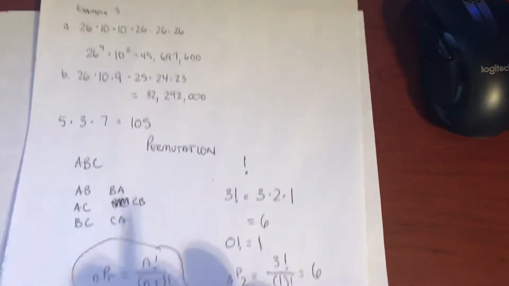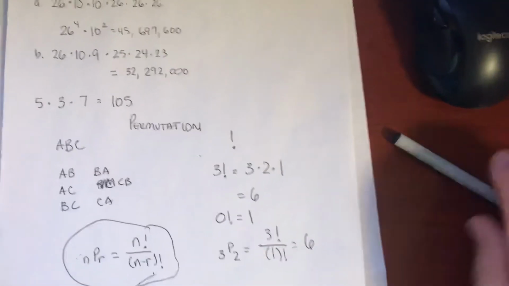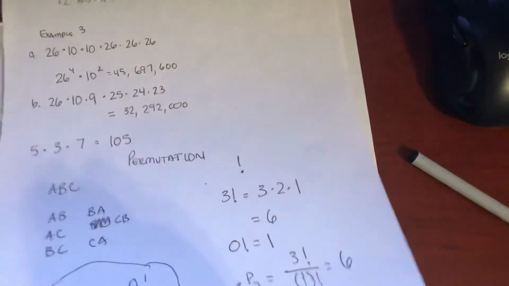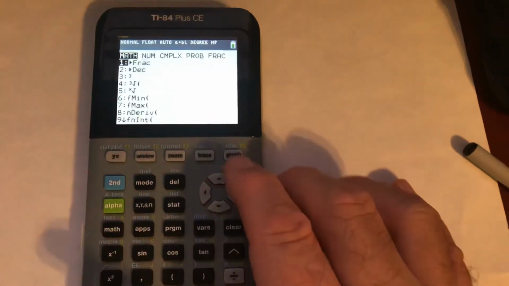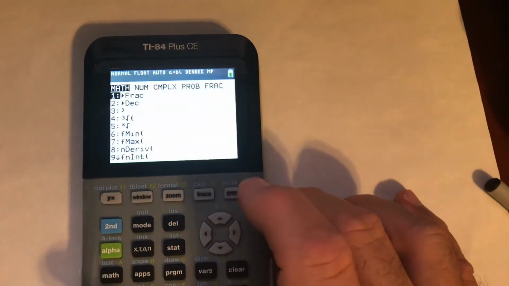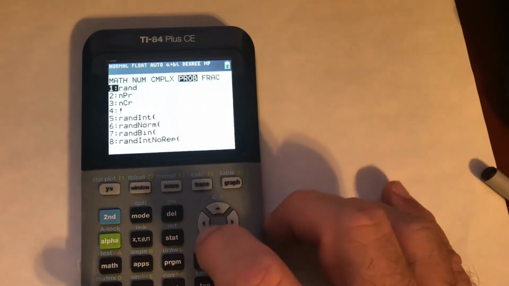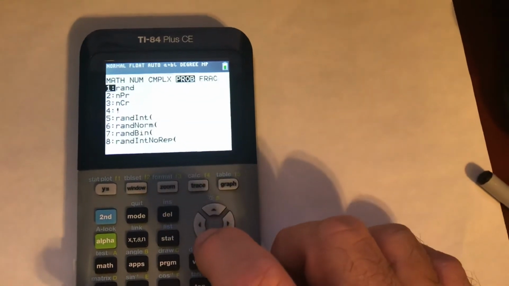It's not necessary because the permutation formula is built into your calculator, and I'll show you where it is. If you've got a calculator, to find the permutation, turn it on. You go to the math button, probability, and you'll see nPr as the second menu item.